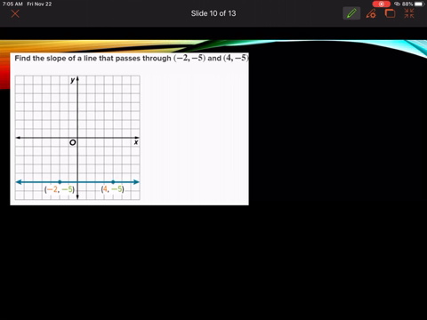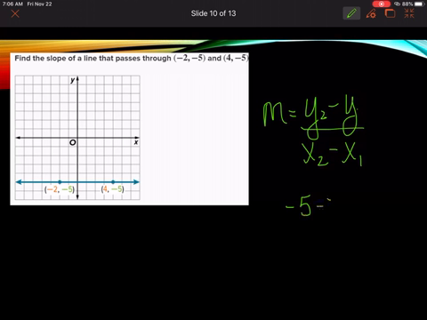So we're going to find the slope here. This is a straight line. Is there any rise or run here? Let's see. y2 minus y1 over x2 minus x1. So I have negative 5 minus a negative 5 over negative 2 minus 4.